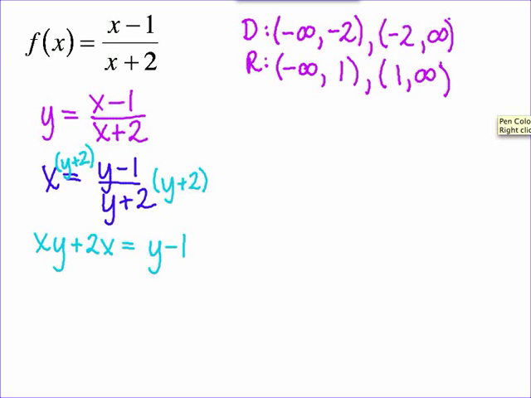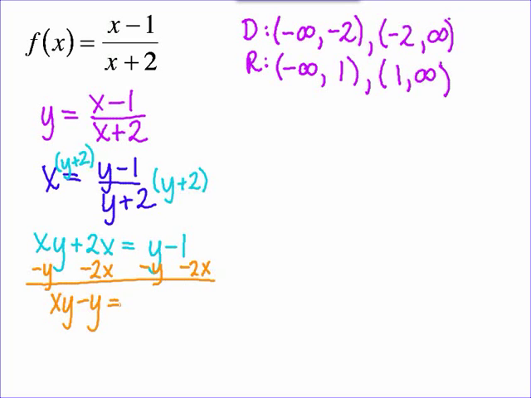Now what I need to do is get my y's all on one side. So what I could do is subtract y, and then subtract 2x, and that would work. So on the left you get xy minus y. On the right I get negative 1 minus 2x.